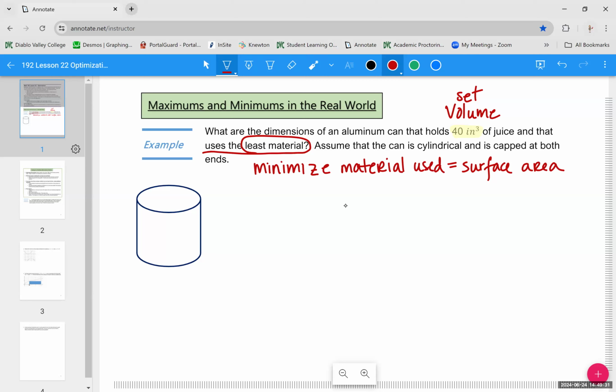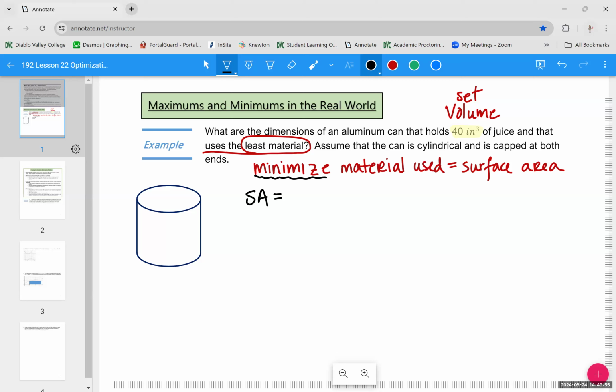So you may not remember the equation for surface area, but that is the next thing that we need to come up with. We need an equation, because if we're trying to minimize something, we need an equation for it first, and then we can take a derivative, find critical numbers, and hopefully find a minimum.